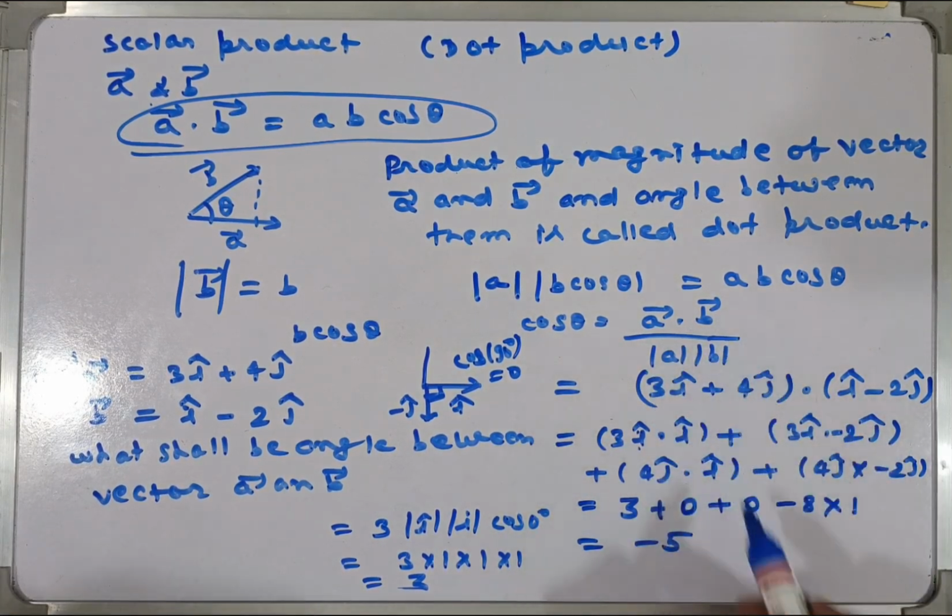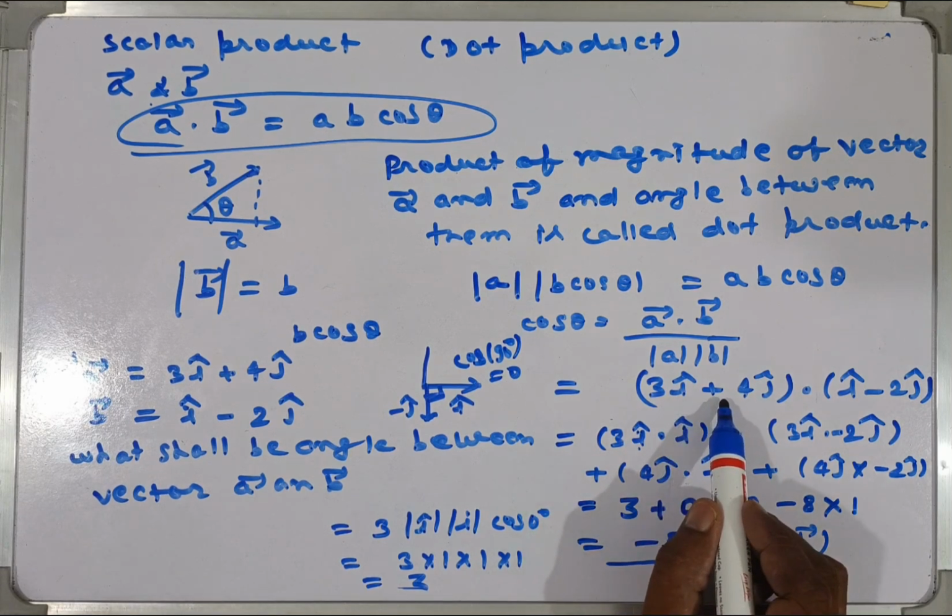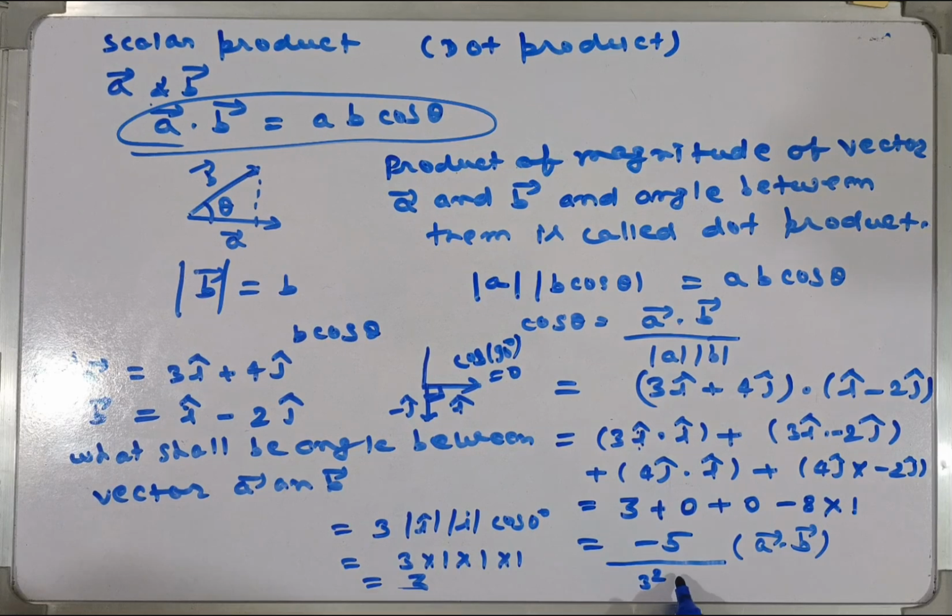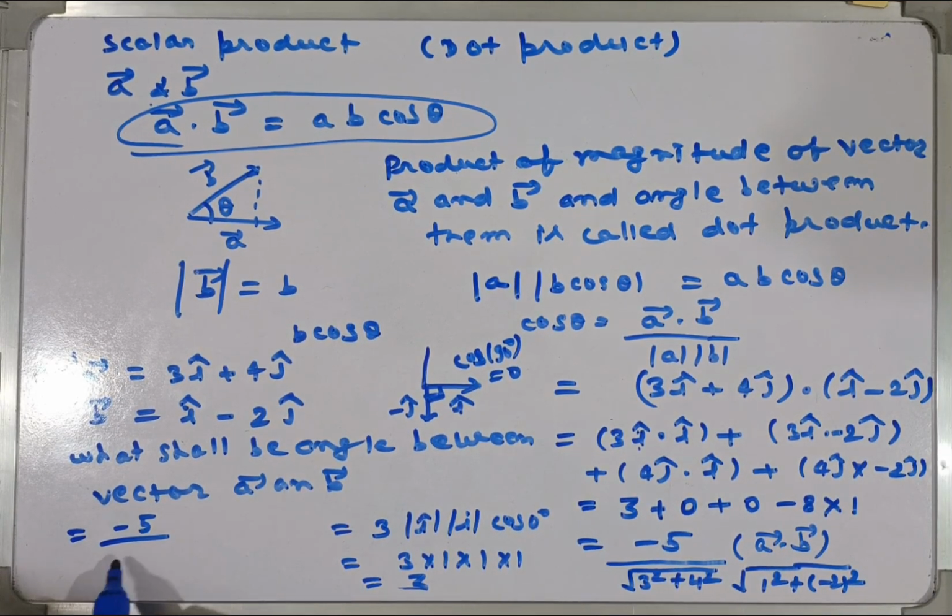So this will be the value of A dot B. Now what will be the value of the magnitudes? Magnitude of A is root of 3 square plus 4 square, and for B it is root of 1 square plus minus 2 square. So this will come minus 5, this will come 5, and this will come root 5.